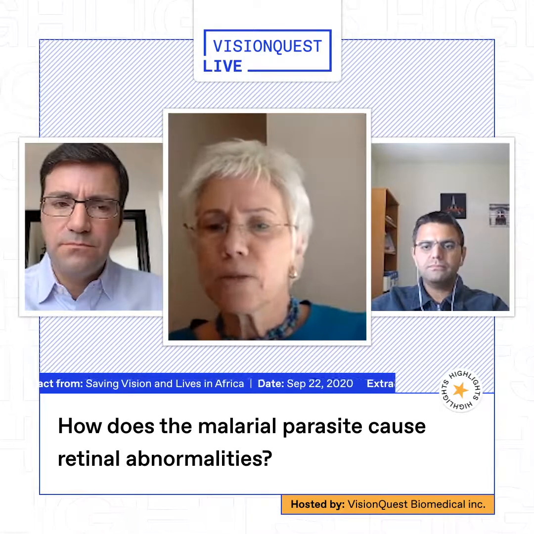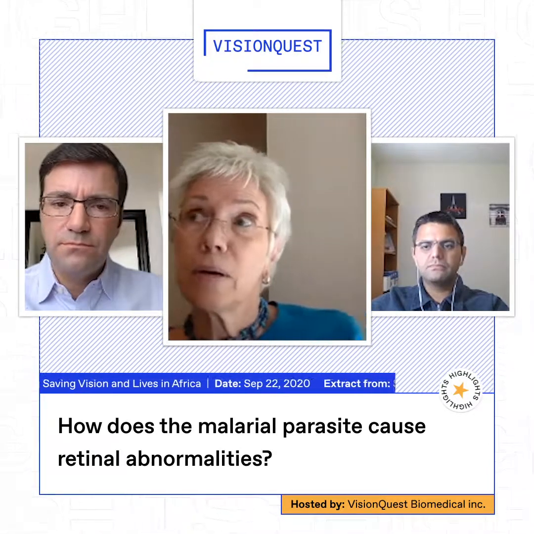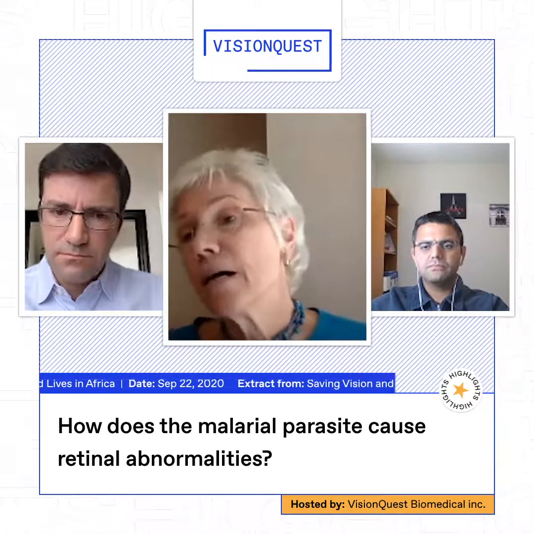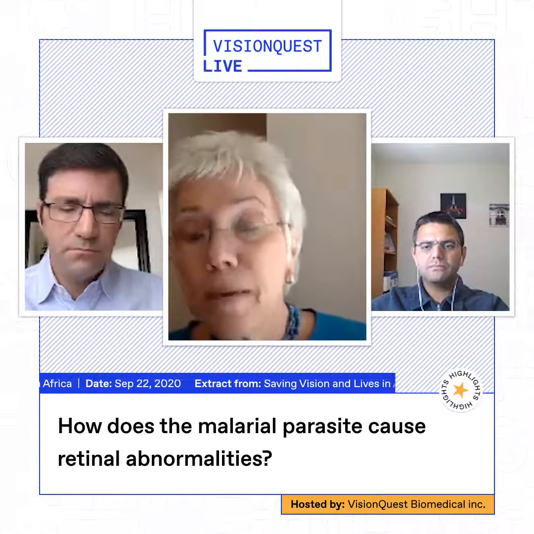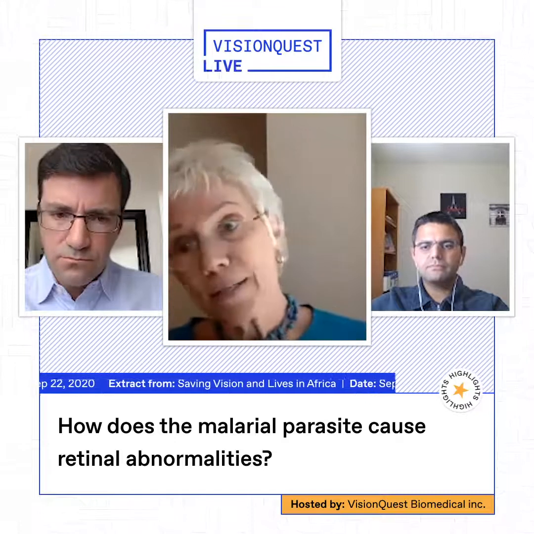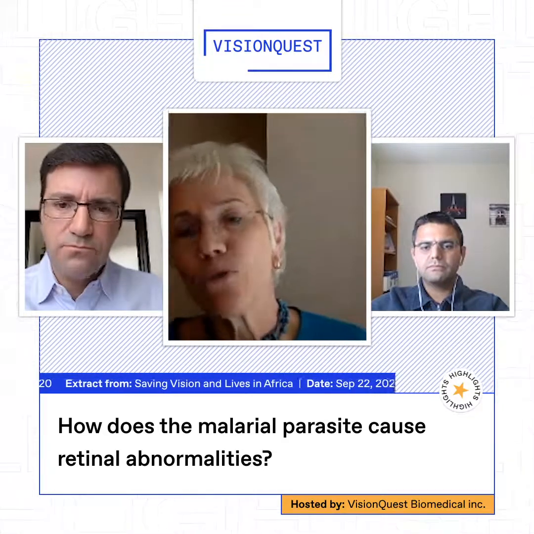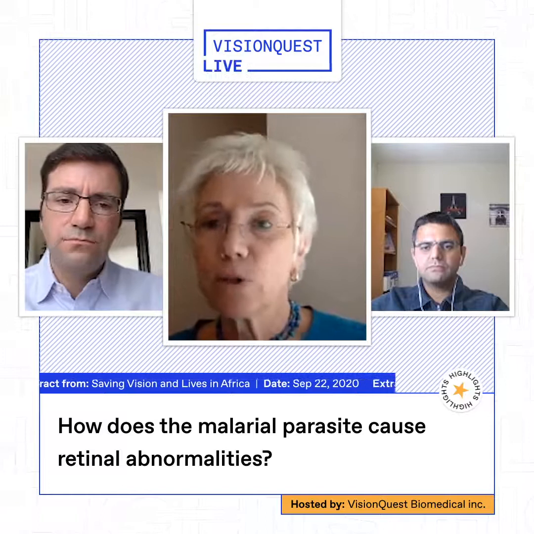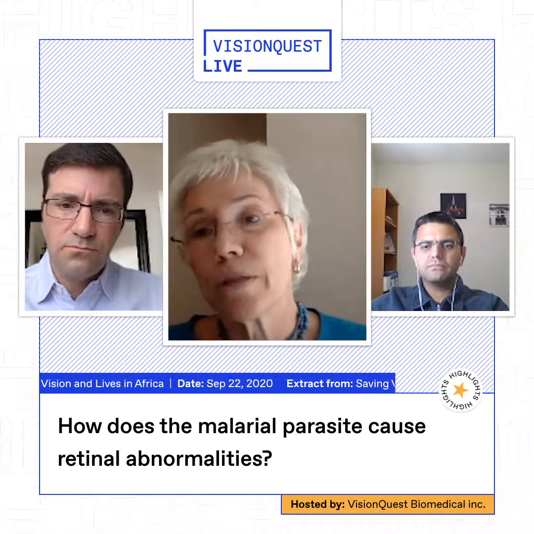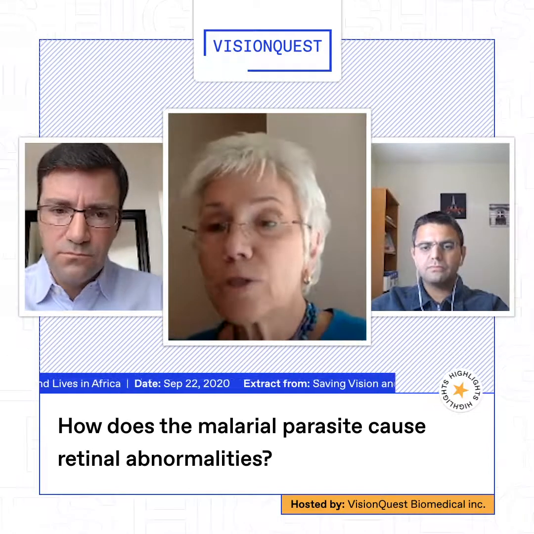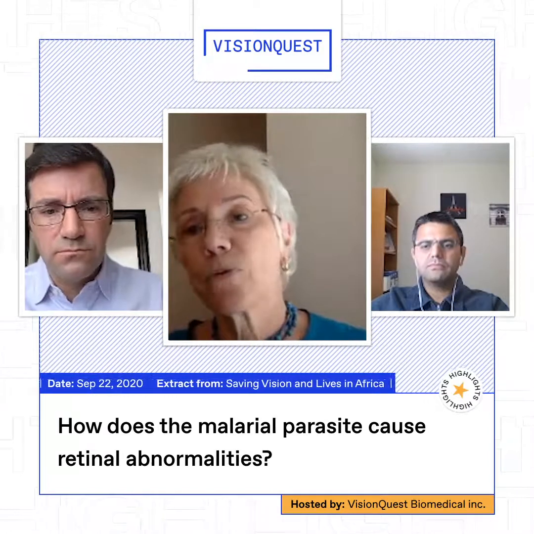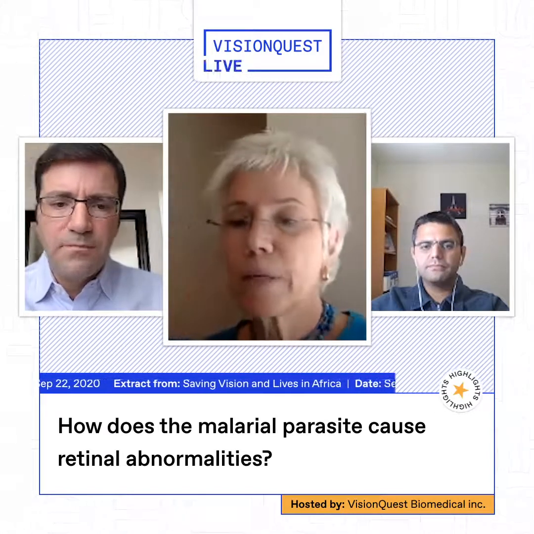And the abnormal vessels, when red blood cells are parasitized, the parasites consume the hemoglobin, and it's the hemoglobin in red cells and those red cells in retinal vessels that makes a retinal vessel look like a red line. So when the vessels are filled with dehemoglobinized red cells, they don't look red anymore. They look white or splotchy. So that's the simple explanation.